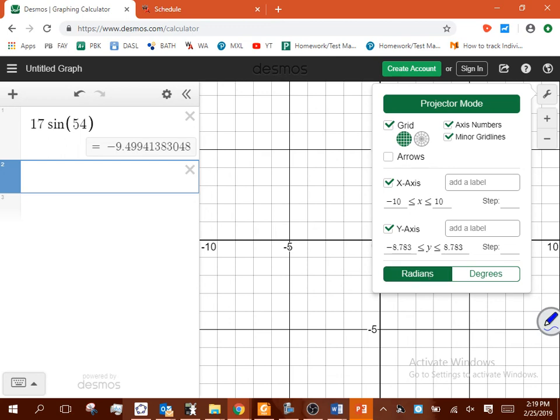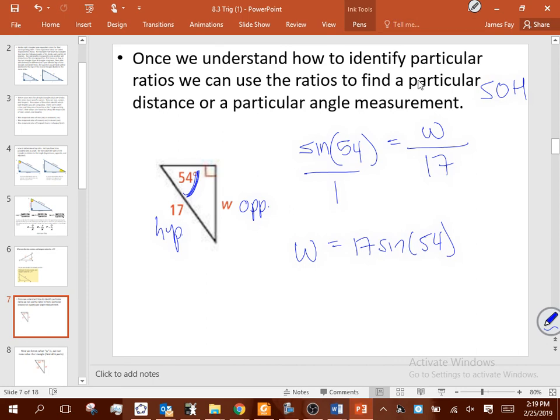Let's do this real quick because we got time. What would this angle measurement right here be? 36, right? Okay. If that was 36, what would W be for the 36 degree angle?